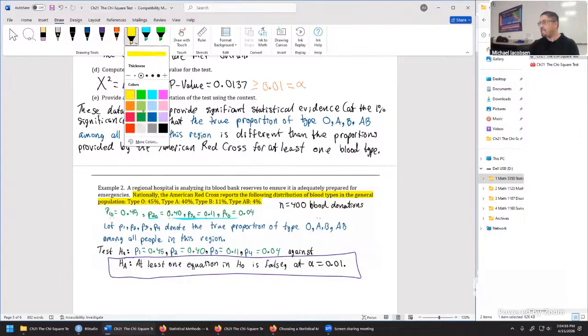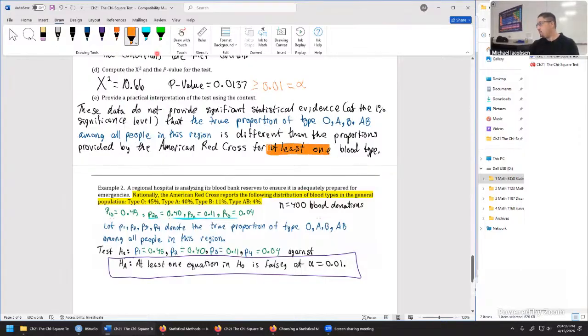So we have to get that at least one statement in there somewhere. And we said at least one blood type to match up that part right there in the alternative hypothesis.